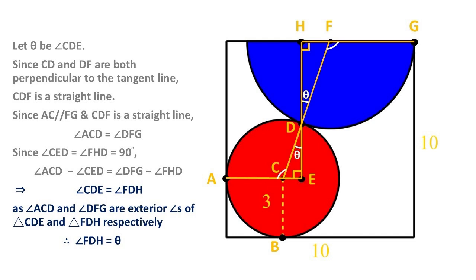And on the right side, similarly, as angle DFG is an exterior angle of triangle FDH, angle DFG minus angle FHD yields angle FDH. Therefore, angle CDE equals angle FDH, which means we can also denote theta as angle FDH.